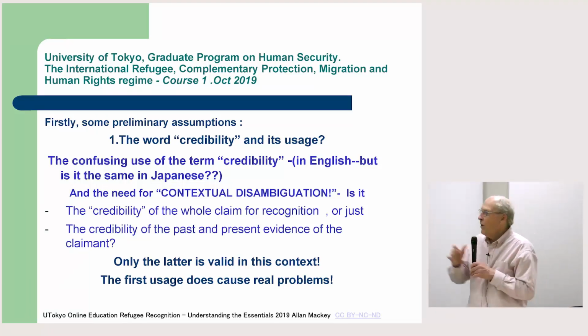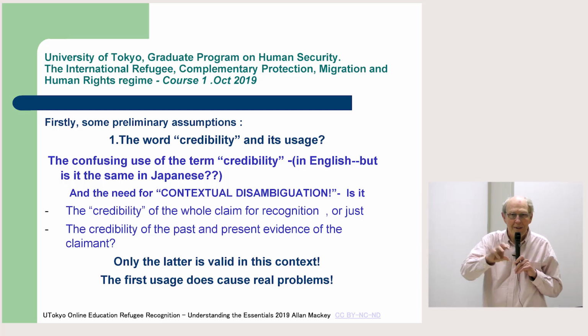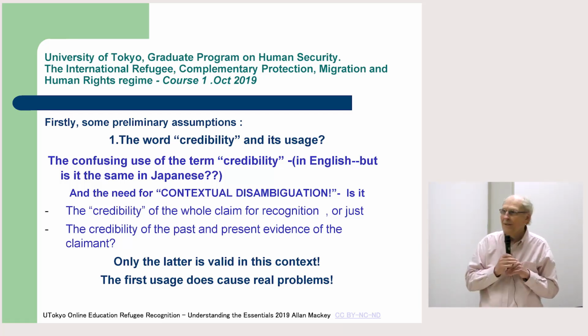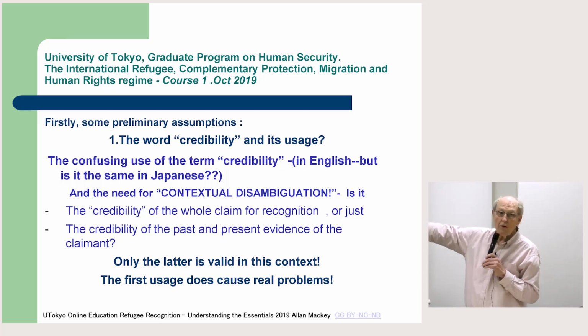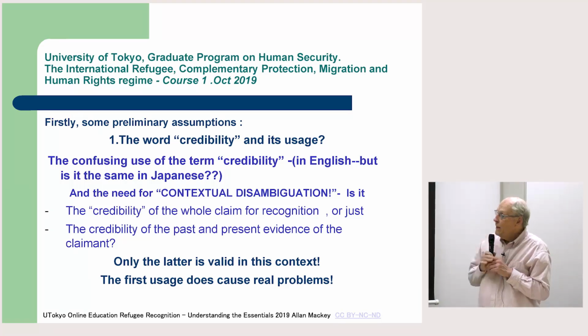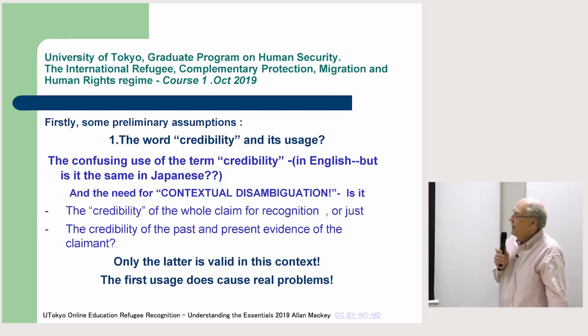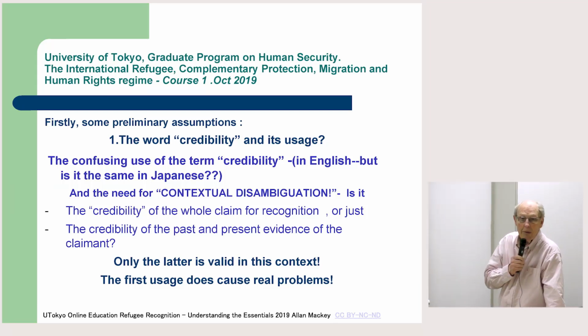In other words, you've got to work out what's the right meaning for the right context that you've got it in. So this is just two of the meanings of credibility. You don't look at the credibility of a claim.